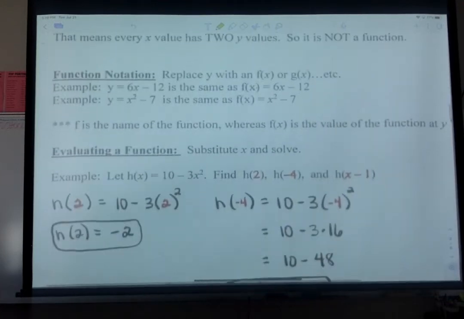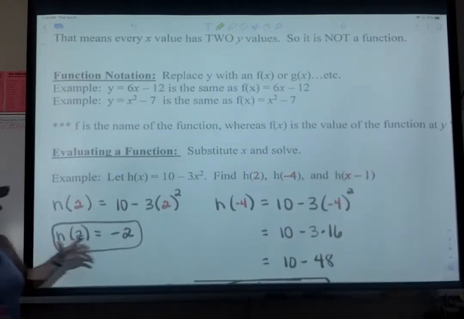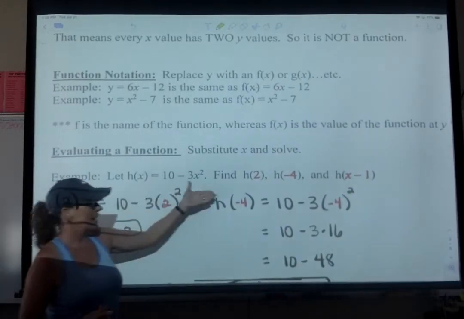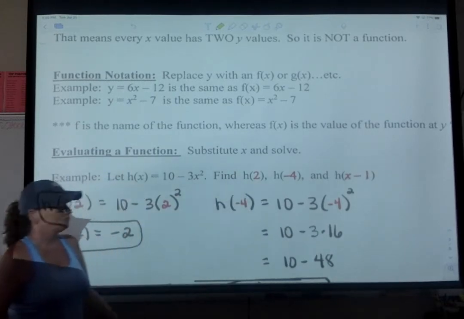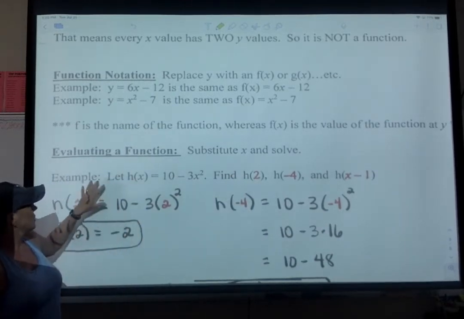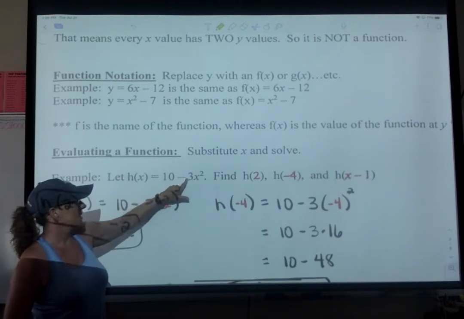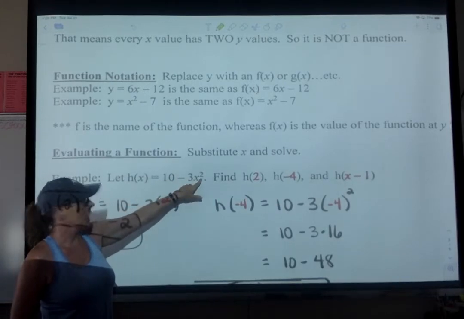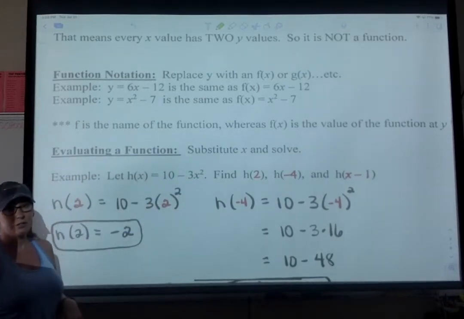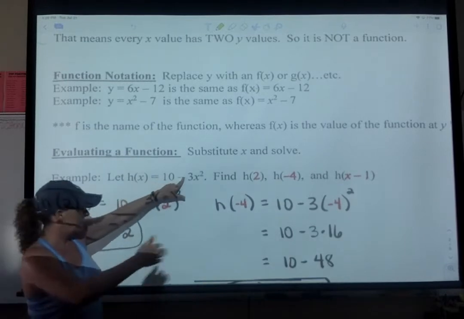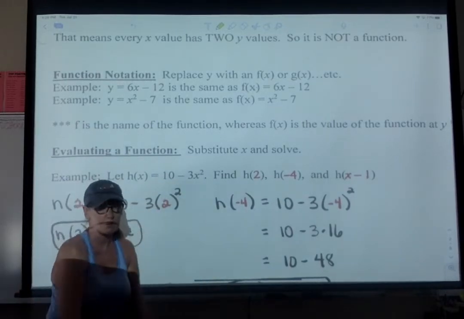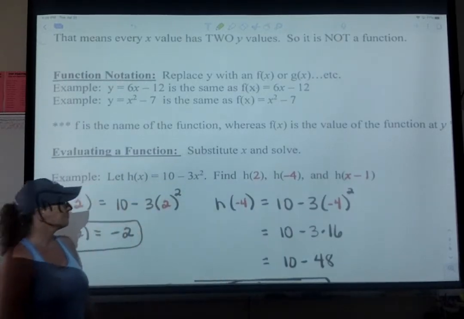Now, what I'm going to show you down here is how to evaluate a function at different places. So here's our function, 10 minus 3x squared, and its name is h. So instead of saying 10 minus 3x squared all the time throughout this problem, I'm just going to call it h.